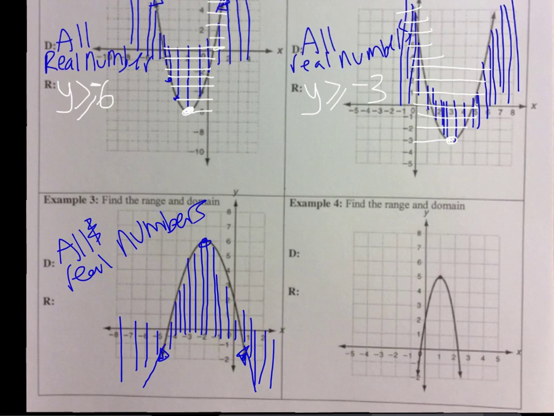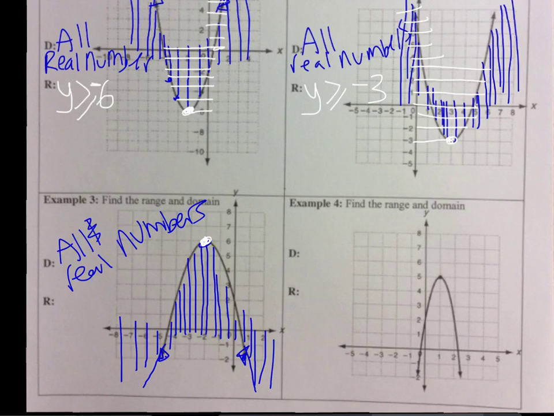Alright, the range. The range again is all the y values that come out of the quadratic function. Step 1 tells us to locate the y value for the minimum or the maximum point. To find the minimum or maximum point of the parabola, you locate the vertex.